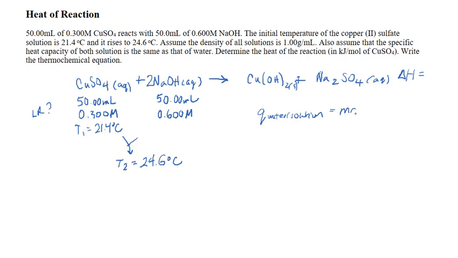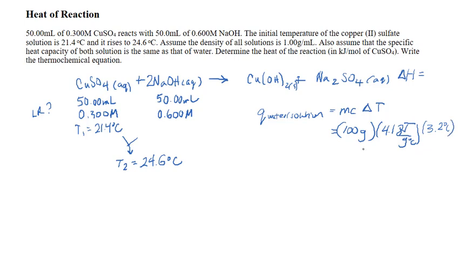So mC delta T. The total amount of solution that we have is what we're going to use for the mass, the total quantity of mass in our calorimeter, and that's going to be 100 grams because we've got 50 milliliters of each and the density is 1 gram per milliliter. The C is 4.18. We've already been told that we are assuming the same as for water. And the temperature change, so T2 minus T1, is 3.2.